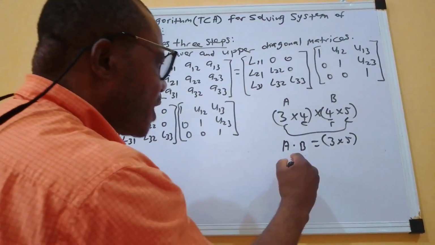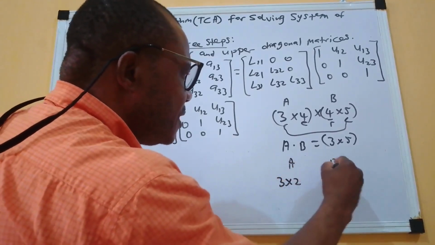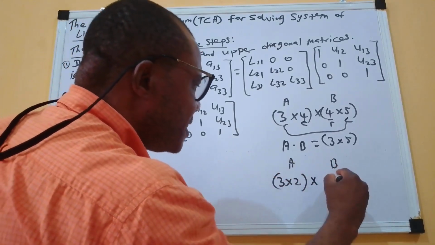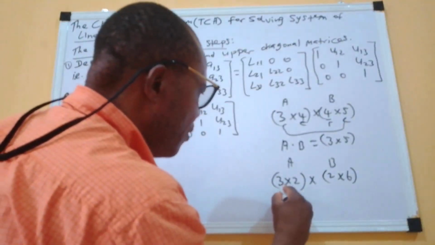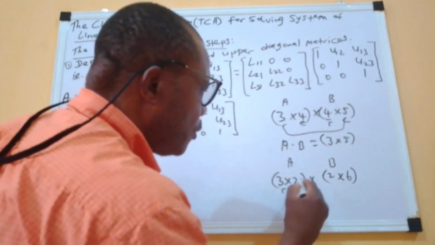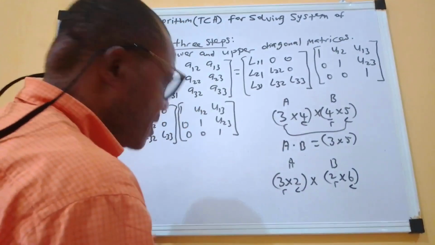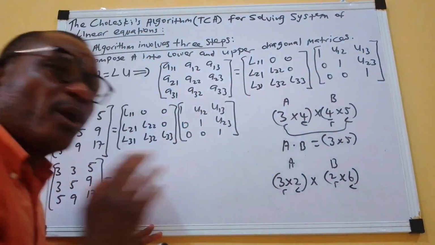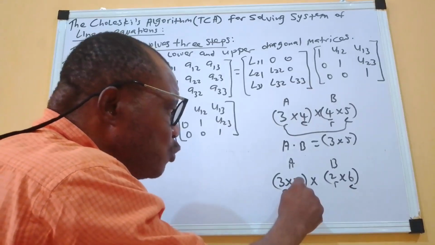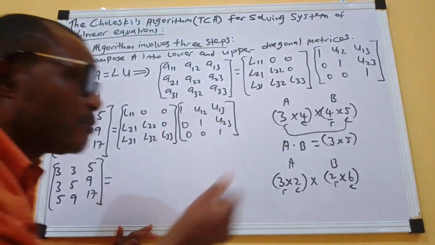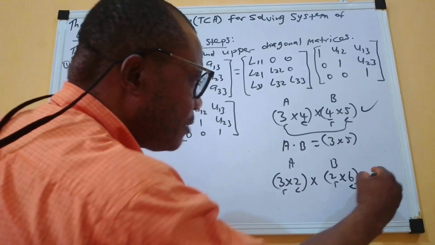I give another example. If I have a matrix A, maybe A is a 3 by 2 matrix, and I want to multiply by B, and B is a 2 by 6 matrix. Now, this is the number of rows in A, the number of columns in A, this is the number of rows in B, the number of columns in B. For A and B to be compatible for multiplication, the number of columns in A, which is 2, must be equal to the number of rows in B. So you can see now they are compatible.